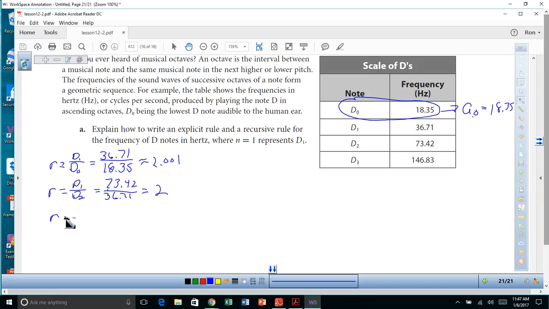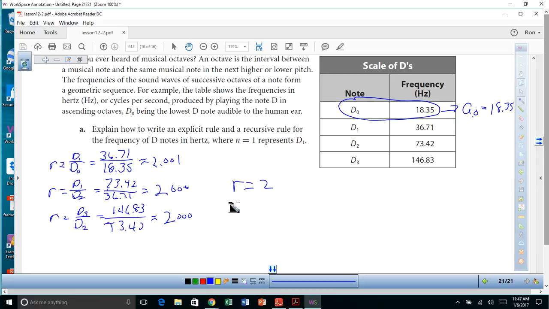And then R equals D sub 3 divided by D sub 2, which is 146.83 over 73.42. And again, that's about 2. So we're going to go with R equals 2, okay?